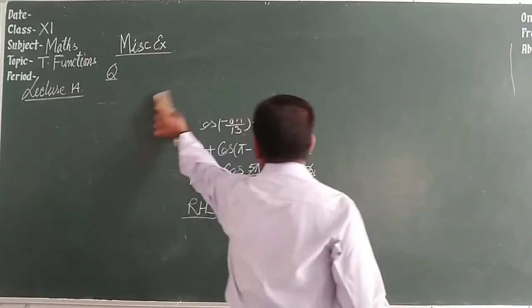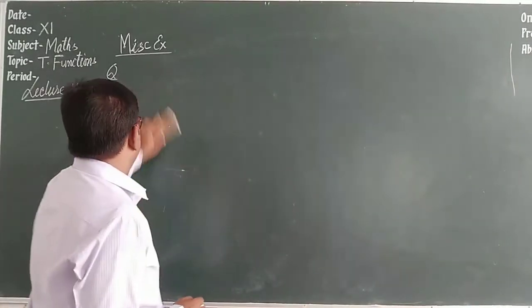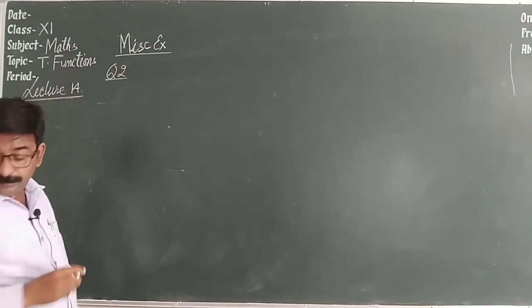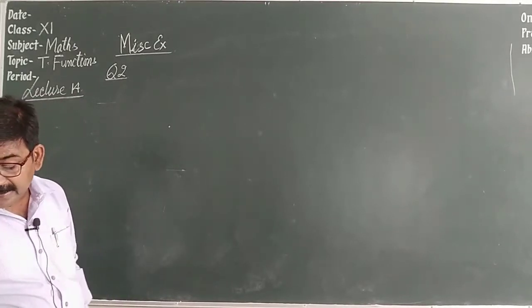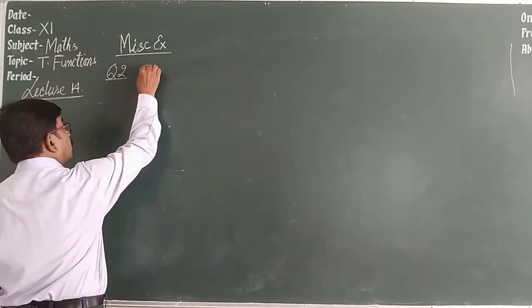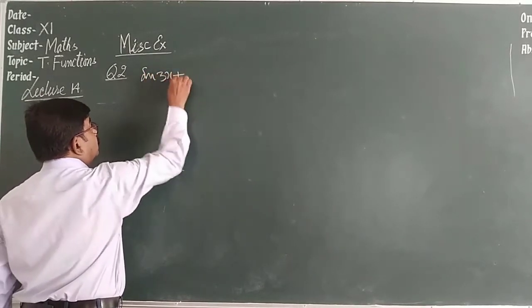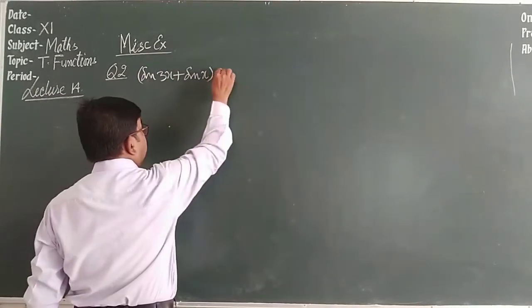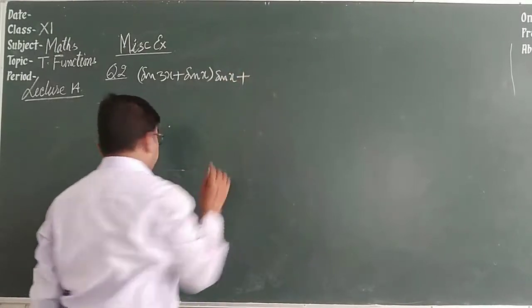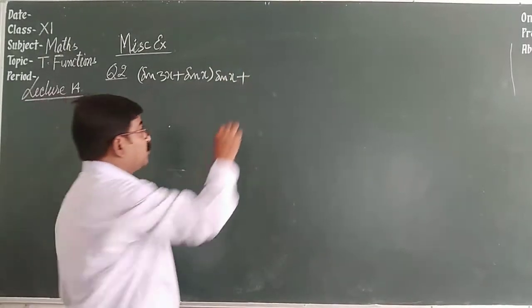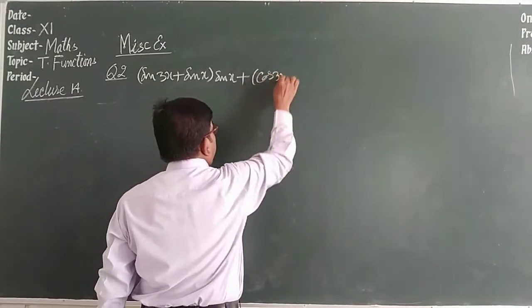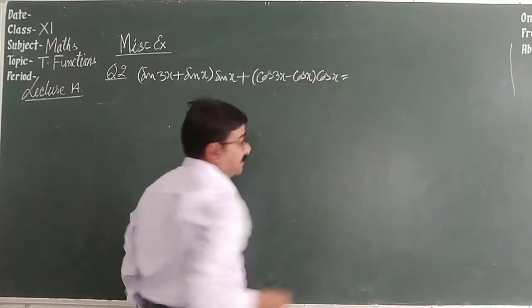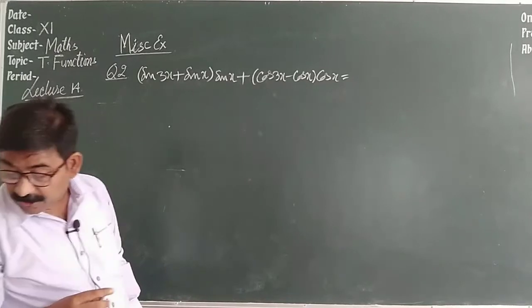Question number 2 is again a simple question. Given: (sin 3x plus sin x) into sin x plus (cos 3x minus cos x) into cos x is equal to 0.